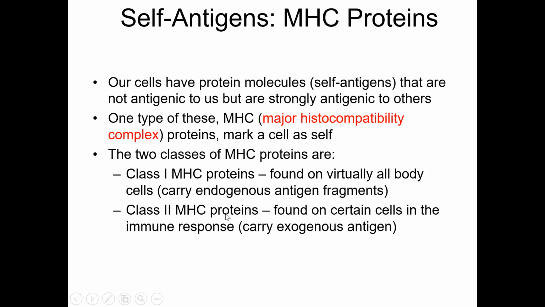MHC2 is the protein you can only find on APCs. What is an APC? Antigen presenting cells. What type of cells are APCs? Macrophages, dendritic cells, and B cells.